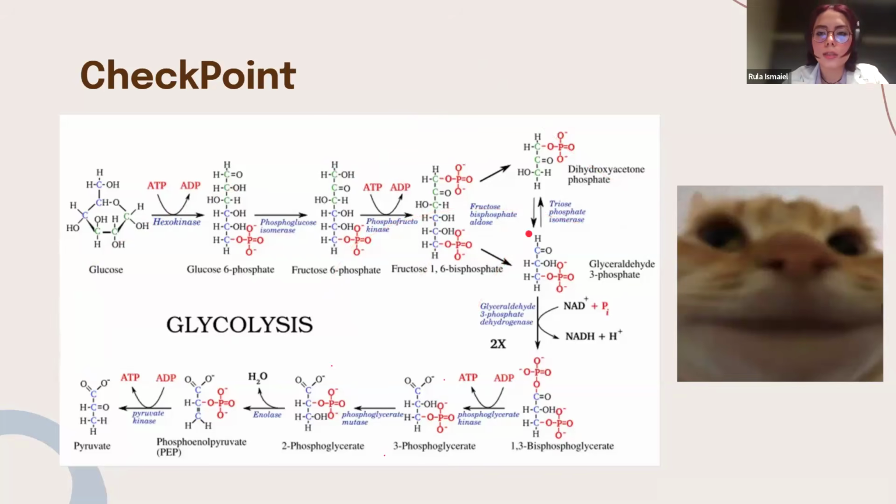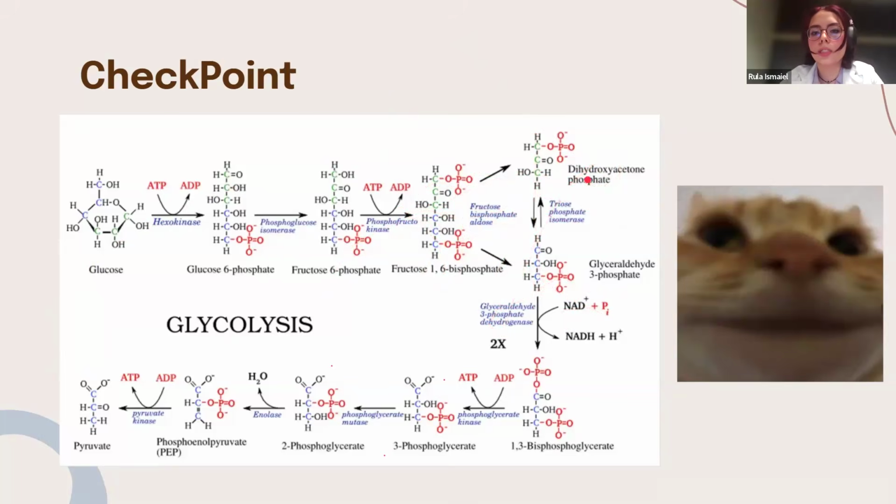Okay, I'm gonna explain another concept on this checkpoint, which is fructose 1,6-bisphosphate. Fructose 1,6-bisphosphate is split into two intermediates. Dihydroxyacetone phosphate. You don't need to know these intermediates, but I'm trying to deliver a concept here: it splits into two, 3 carbons here, 3 carbons here. The other one is glyceraldehyde 3-phosphate. Glyceraldehyde 3-phosphate will continue normally because there is an enzyme for it.